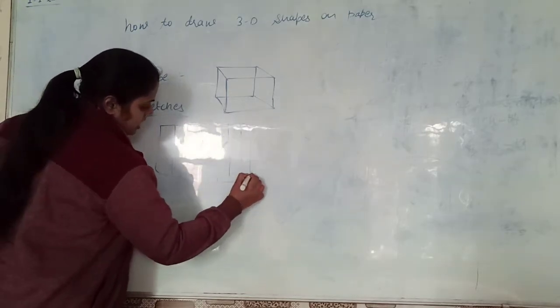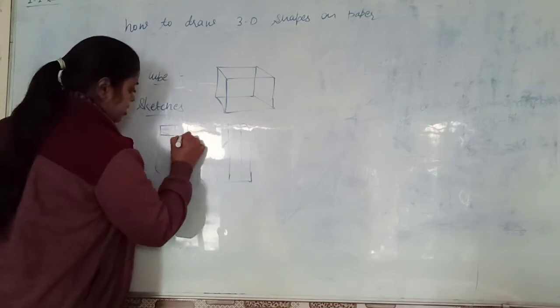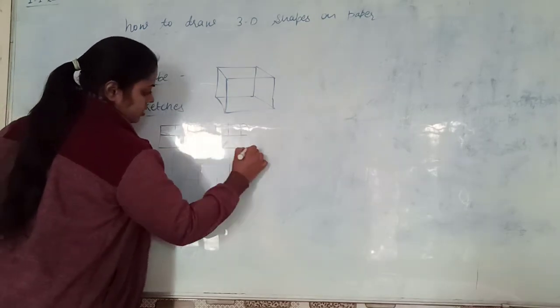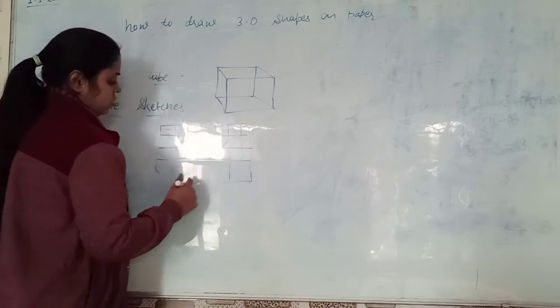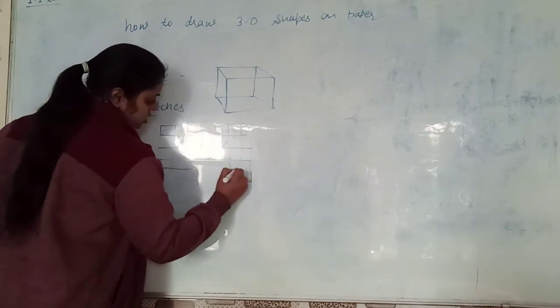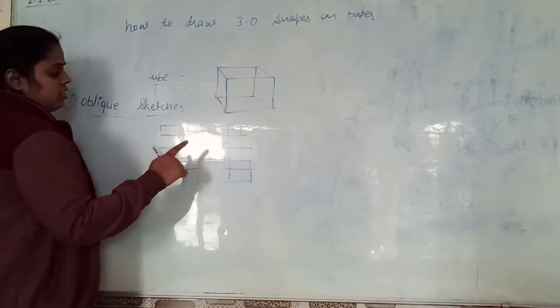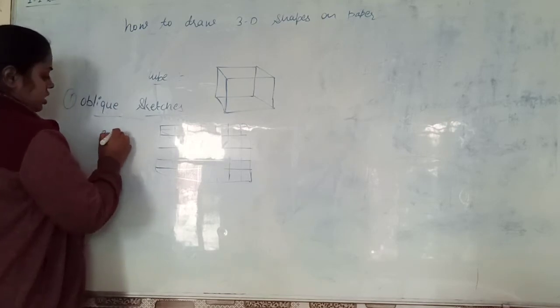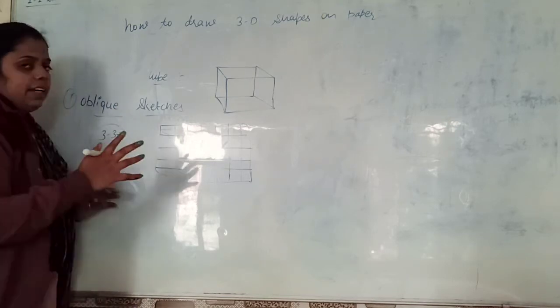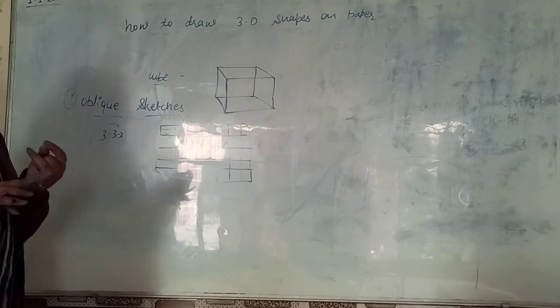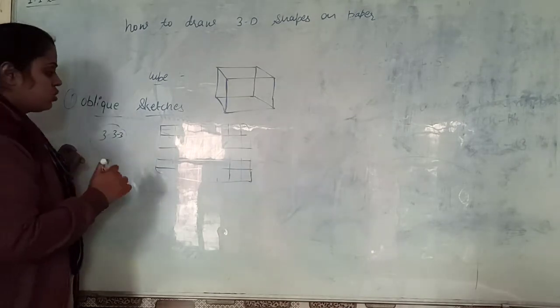So in this sketch you can take, like this one, I will take here 3 and 3. Height also 3, breadth also 3 and length also 3.